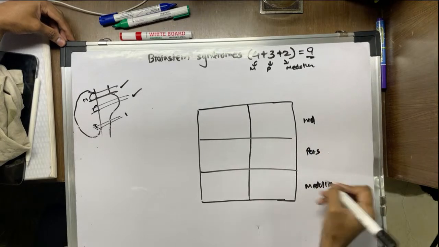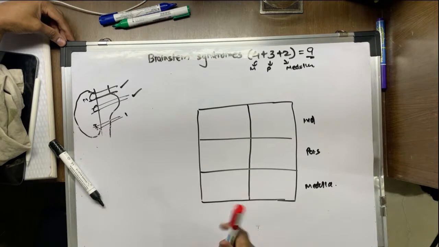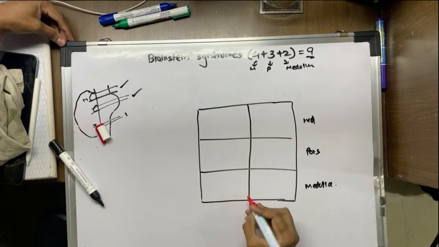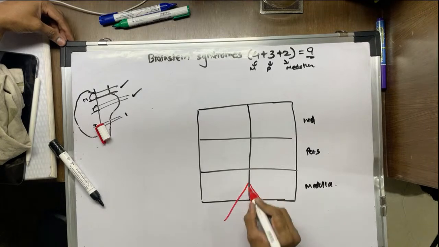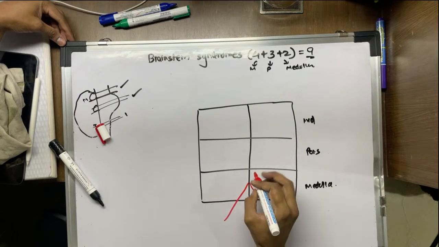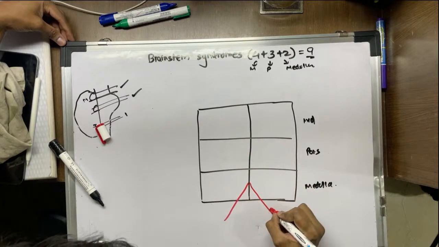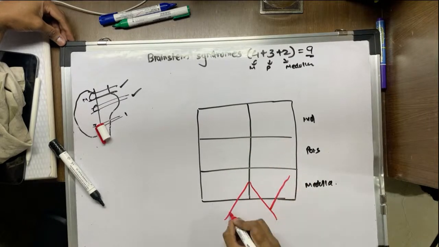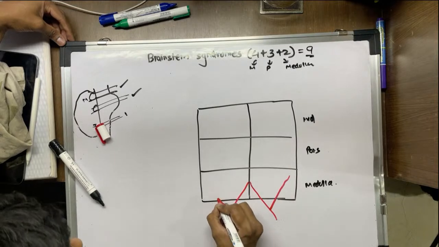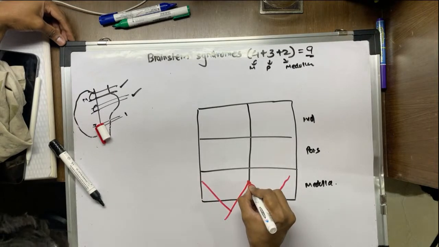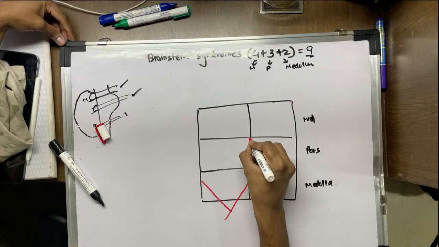Alright, so I'm going to draw the blood supply. We all know what artery comes from what. The vertebral artery comes from both sides, and it will give a branch here. Vertebral artery will continue as the basilar artery.